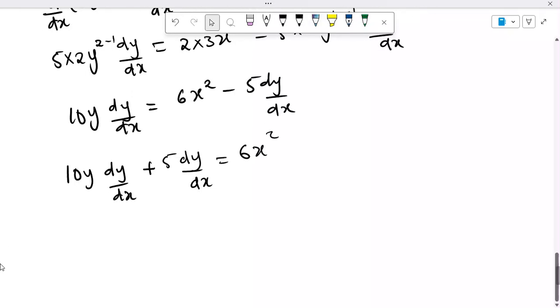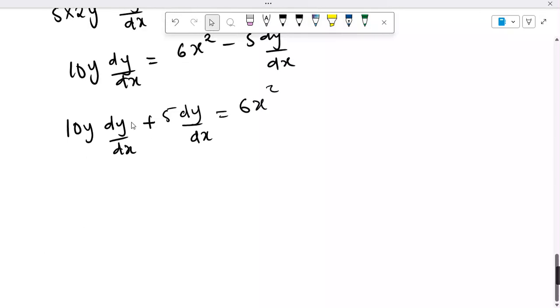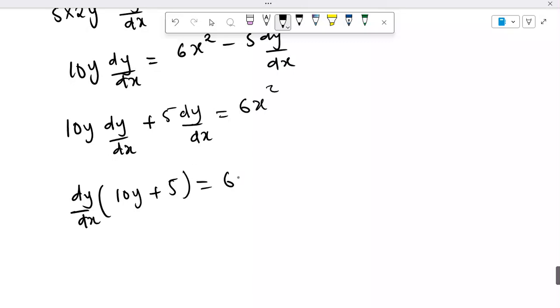So now we factor out dy/dx here. If we take out dy/dx, here we have 10y plus 5 equals 6x squared.